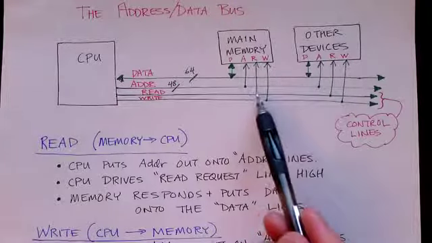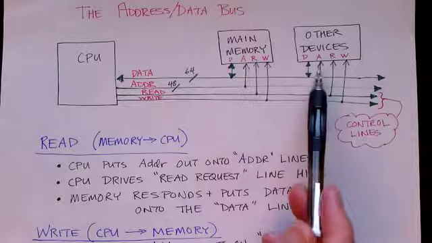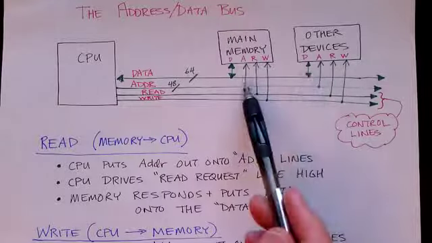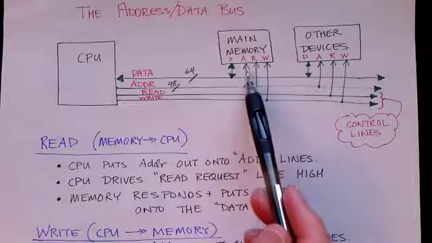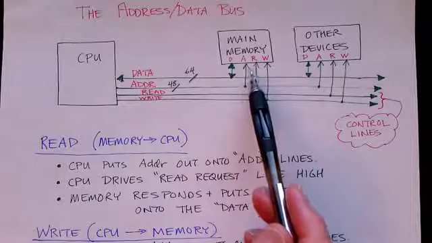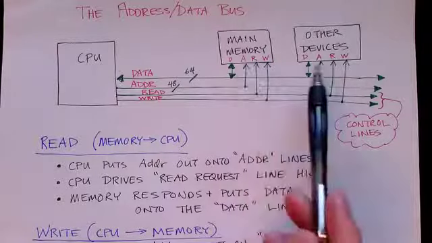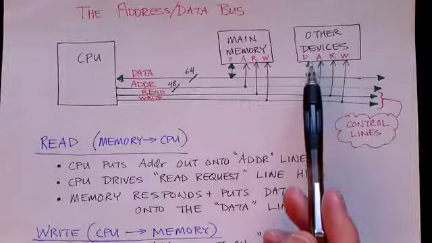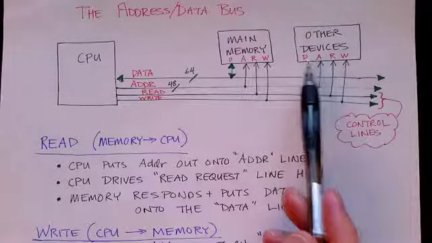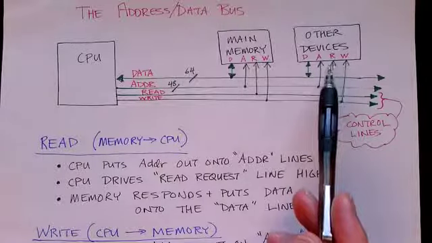And when a read request occurs, all of the devices that are sitting on the bus see that, and they check the address lines to see if it's one of the addresses that they contain. So main memory is mapped into certain addresses. The other I/O devices are mapped into other addresses, and that's called memory mapped I/O.